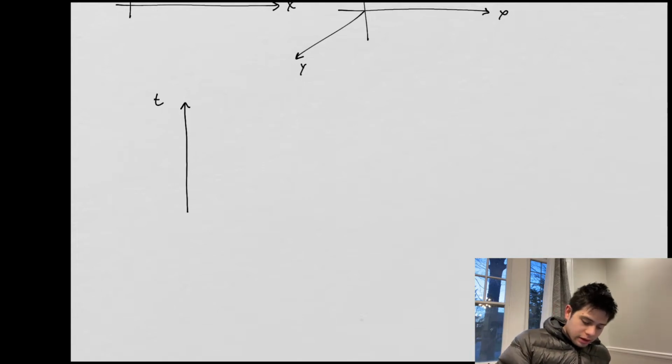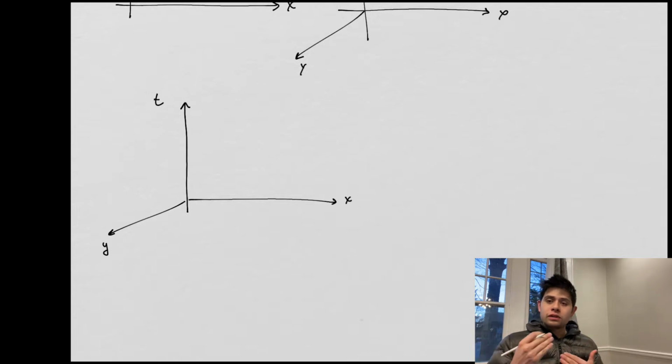And at every moment in time, let's do it like this. And here's our 2 other dimensions. We have our x and our y dimensions, say. But we also suppress our z dimension in this plane.